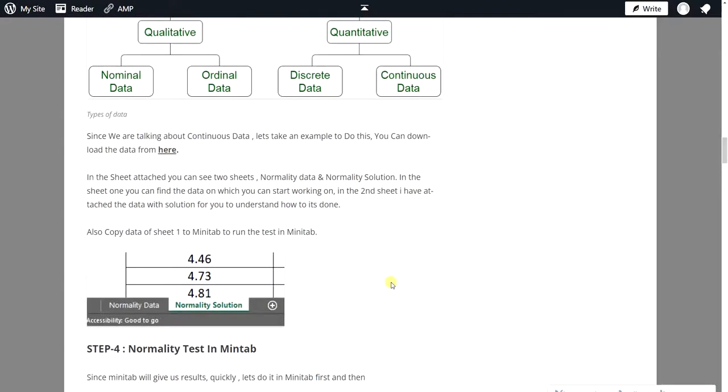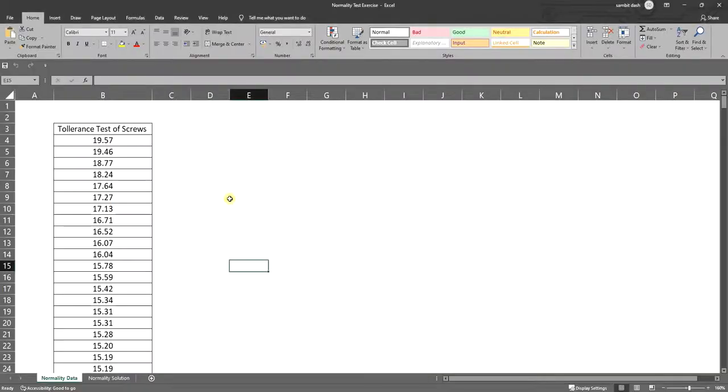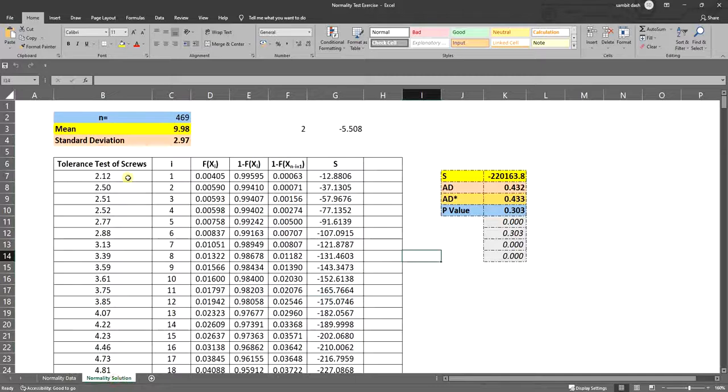So what I have done is, if you click here, you will be able to download a sample data set, and I'm going to show you that sample data set. One sheet is the normality data. The next one is the normality solution data.